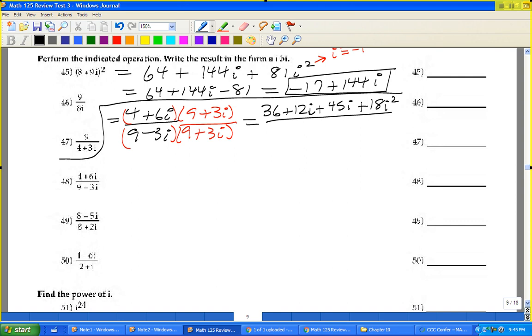The denominator is a product of the sum and difference of two terms, so it's the difference of their squares. 9 times 9 is 81. 3i times 3i is a negative 9i squared, which is just equal to negative 1.